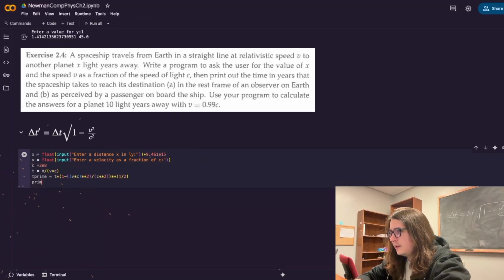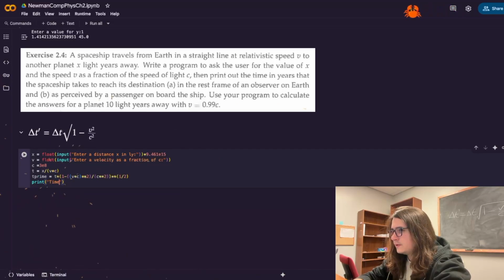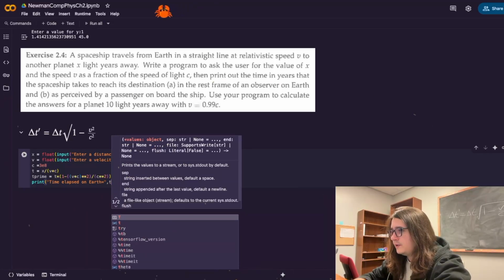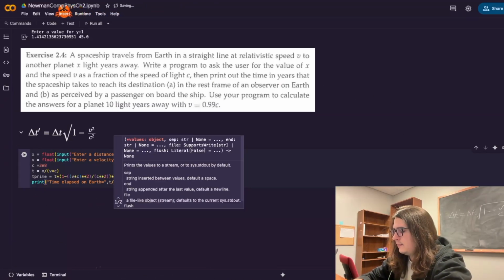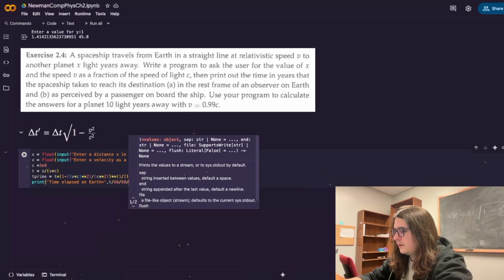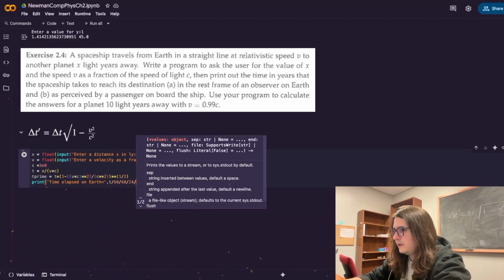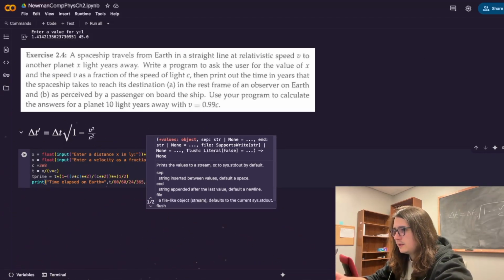Then the print line. Let's do time elapsed on Earth, and then it's going to print out our t value. It has to print it out in years, so let's do t divided by 60 seconds in a minute, 60 minutes in an hour, 24 hours in a day, 365 days in a year, something like that.